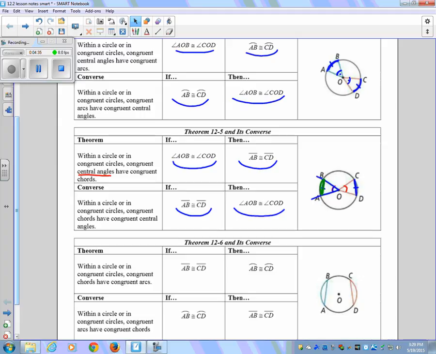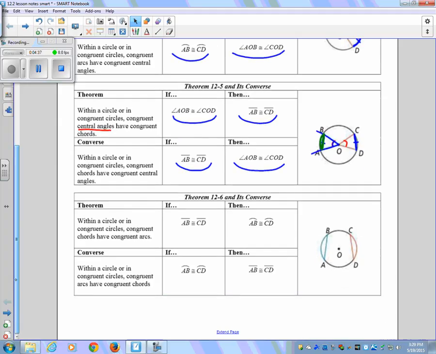The next set of theorems says within a circle or in congruent circles, congruent chords have congruent arcs. So now we're not starting with the angles like we did before. These all had to do with, if we know the angles are congruent. Then here we're going to start with the actual chords, and we're going to relate it to the arcs.